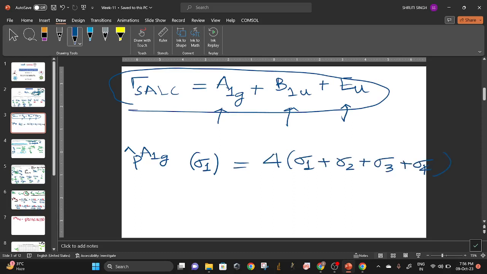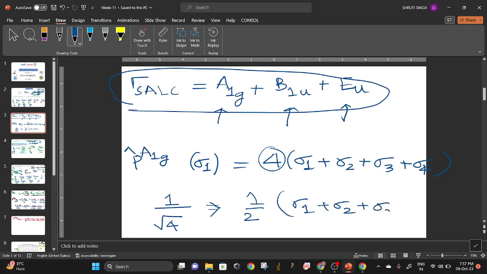Like in the last question, we got 4 times sigma 1, sigma 2, sigma 3, sigma 4, all with plus sign. When you normalize it, there are 4 orbitals, so it will be 1 over root 4, which is 1 over 2. We ignore this term because this coefficient is not needed, so this will be 1, 2, 3 and 4. This is the SALC of A1g symmetry.